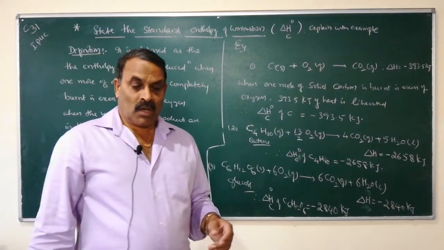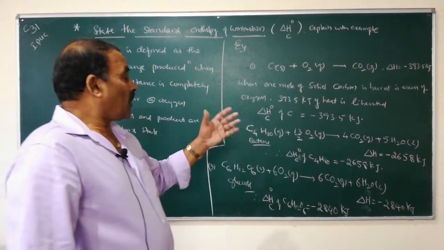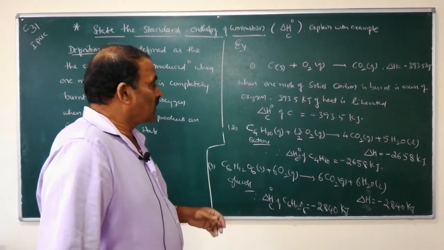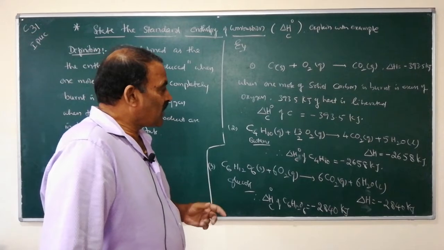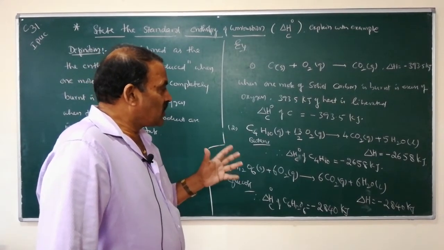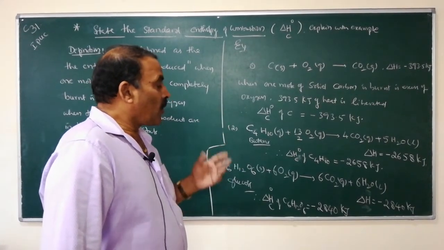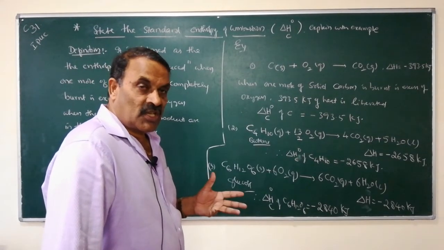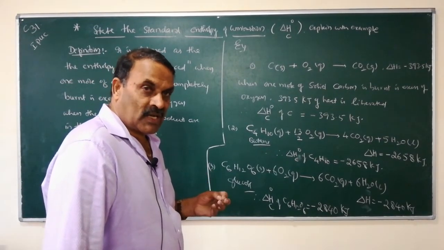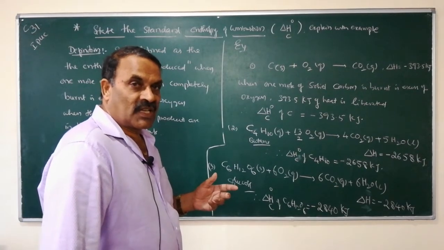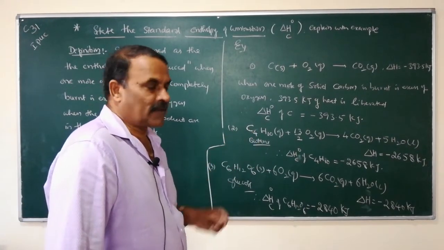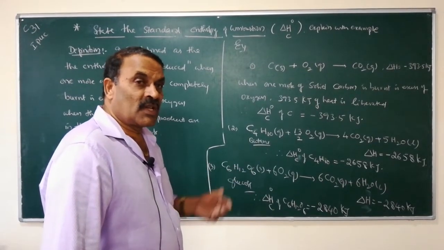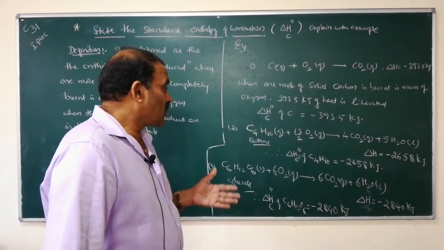So, what things have you observed in all these reactions? In all these combustion reactions, delta H is negative. What is the meaning of this? Enthalpy of combustion is always negative because in all combustion reactions heat is liberated. Number 2, what are the other applications of enthalpies of combustion?